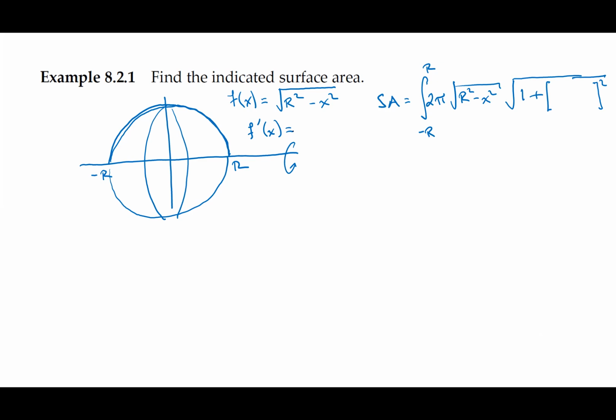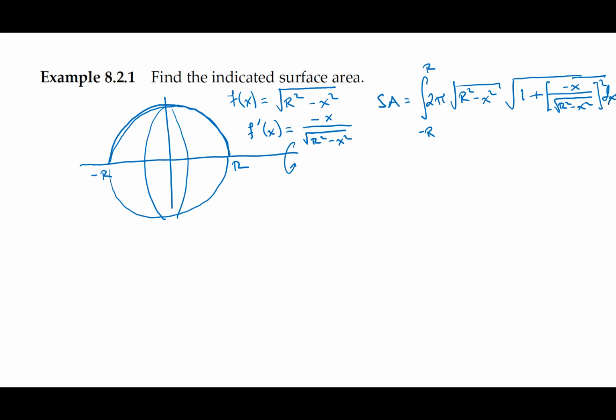And that radical is to the 1/2 power, so my derivative will wind up being negative x over square root r squared minus x squared, dx.